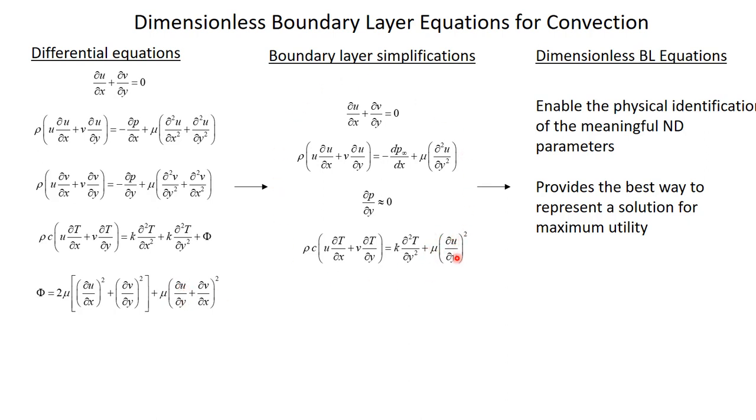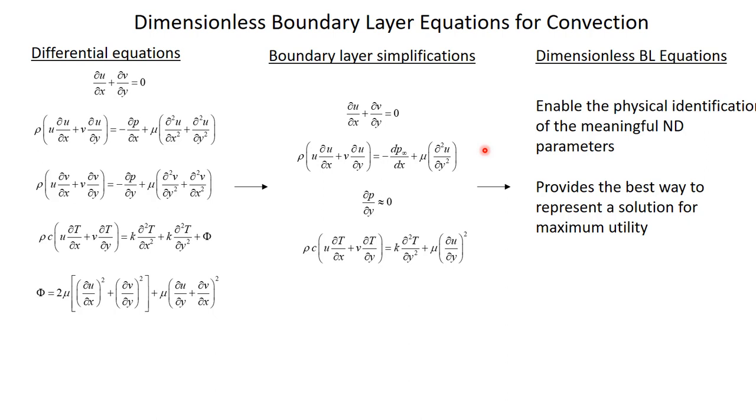So this is where we stopped, and what we're going to do next is take these boundary layer equations and make them dimensionless, right? And the reason we're going to do that is so that we can identify the meaningful non-dimensional parameters that govern the problem, right? And that'll let us understand where correlations come from, right?